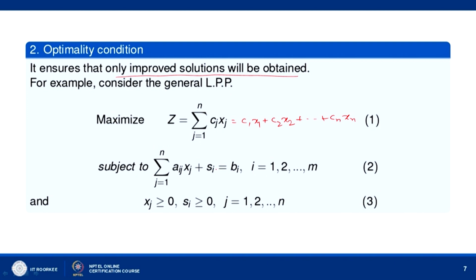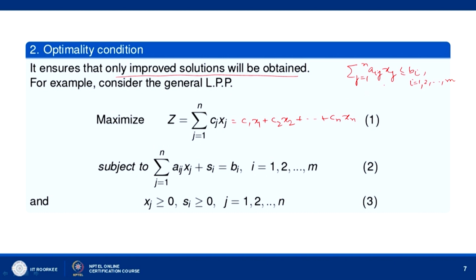Here you can see the constraints sigma j equal to 1 to n a_ij x_j less than or equal to b_i have been converted into equations by using the slack variables s_i.